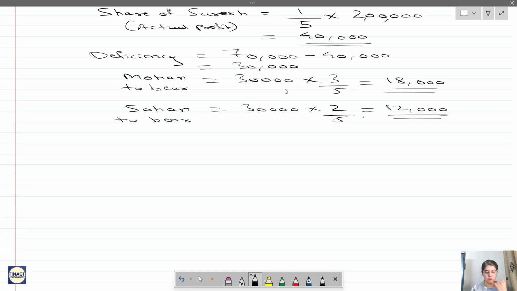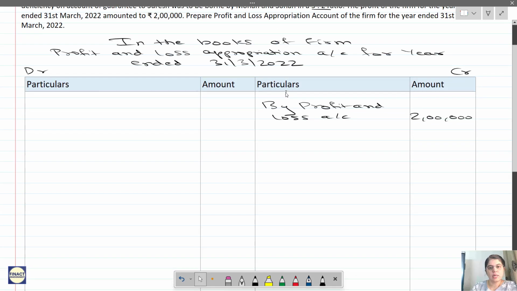Okay, so now let us write all this in your profit and loss appropriation account. To profit transferred. You can write transferred to partners' capital.